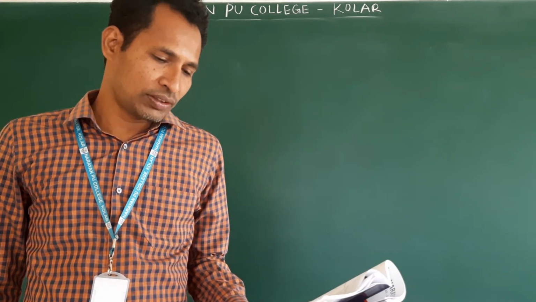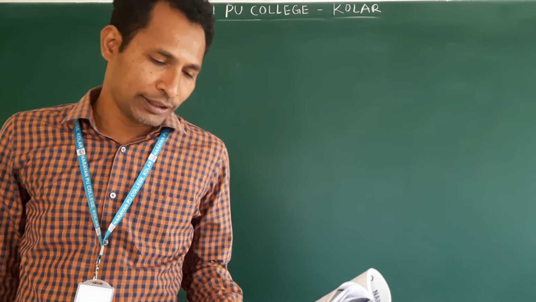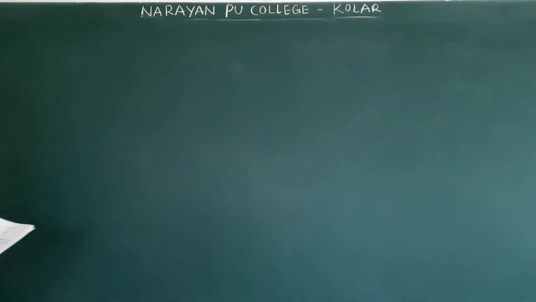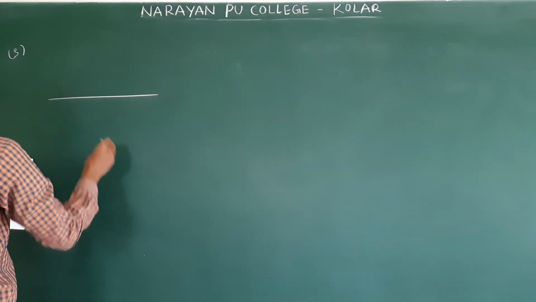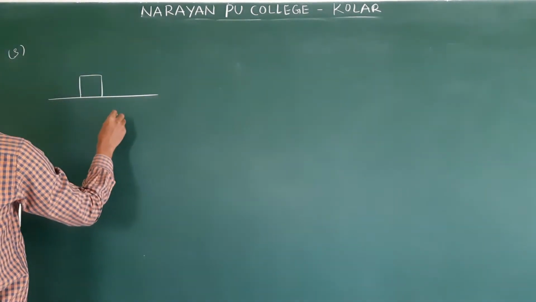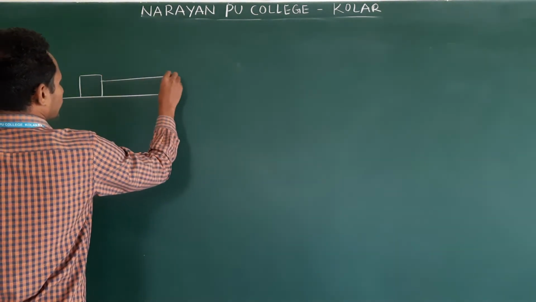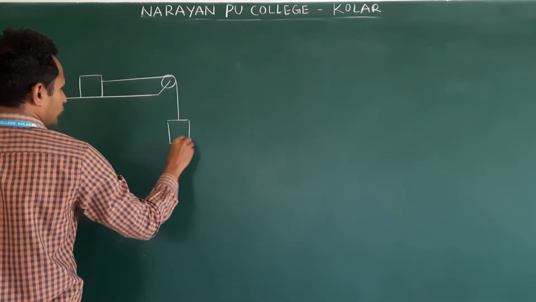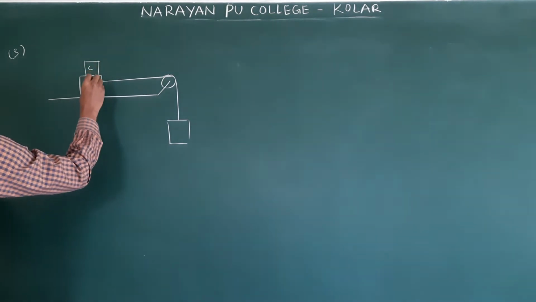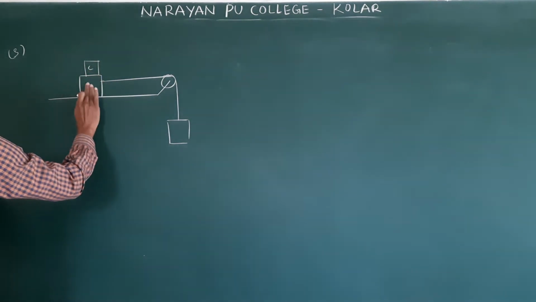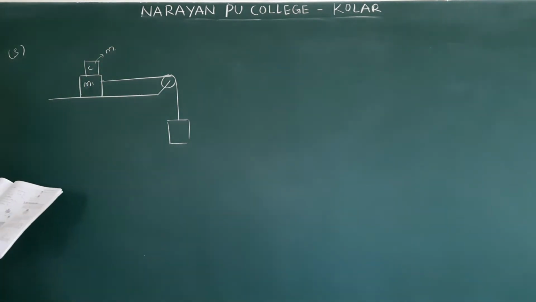Find the minimum mass of C that may be placed on A to prevent it from moving. This mass is M1. C mass we need to find out. Minimum mass.